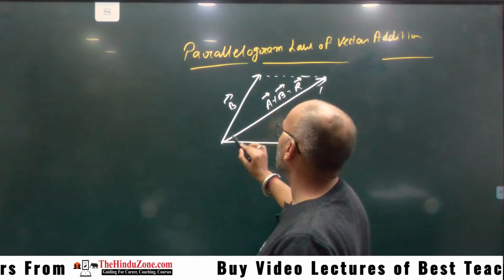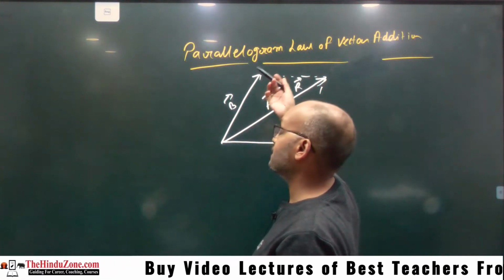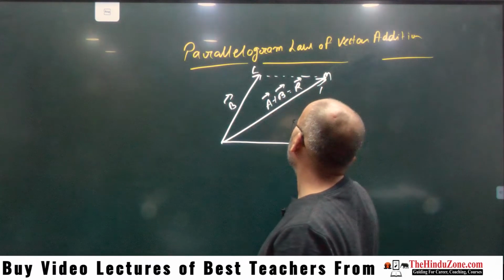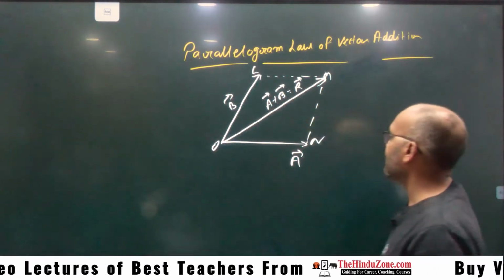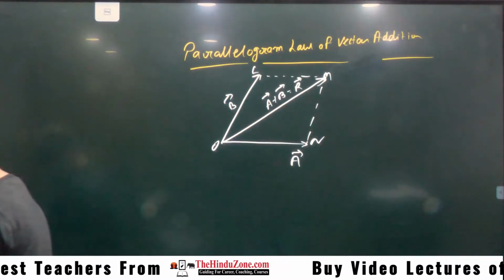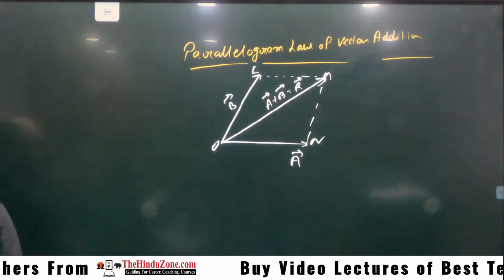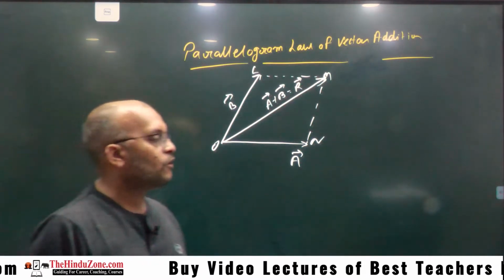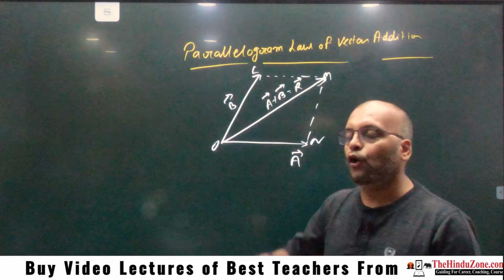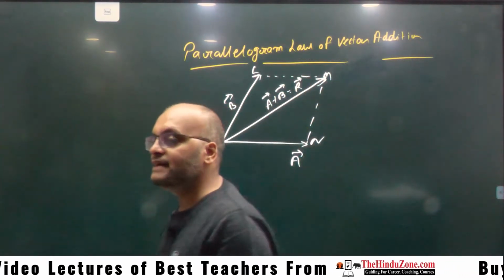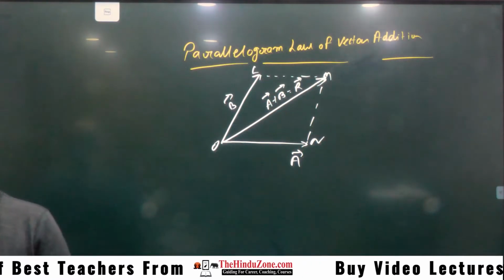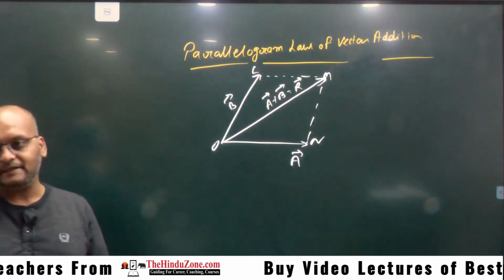So in this parallelogram, if I call it LMNO, a diagonal from the point of intersection of vector A and B to the opposite side is the resultant of vector A and B. This is the parallelogram law of vector addition.